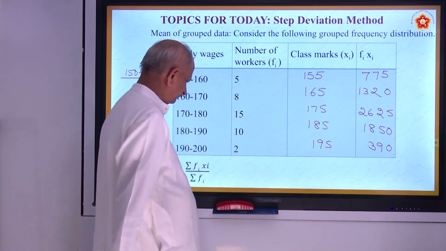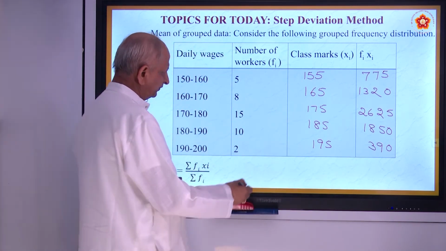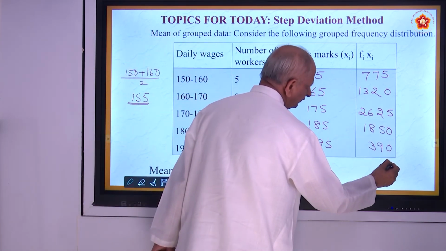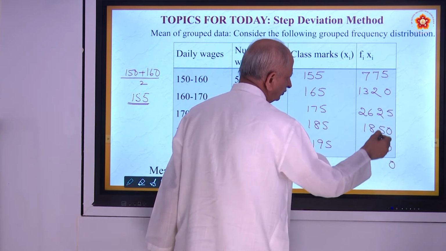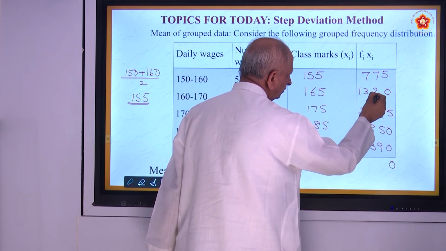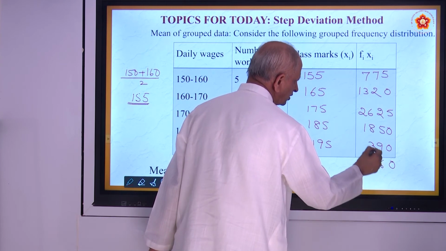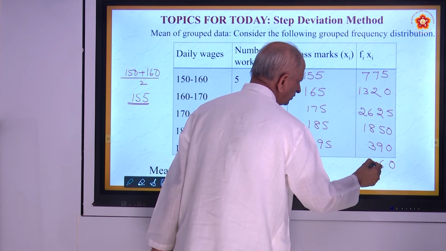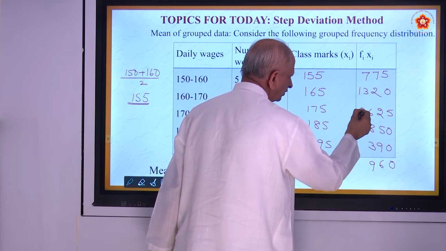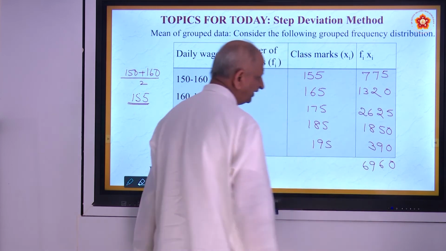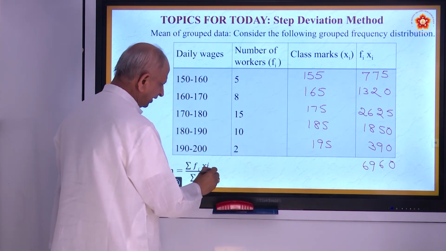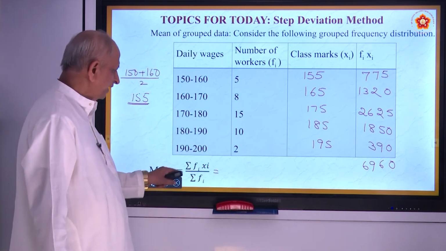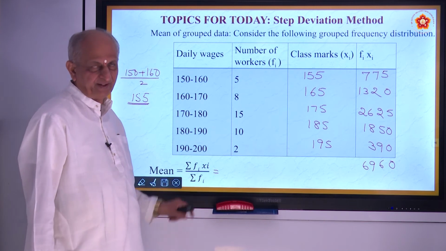Add all this. If you add all this, what do you get? 6,960. Formula is sigma fi into xi by sigma fi.